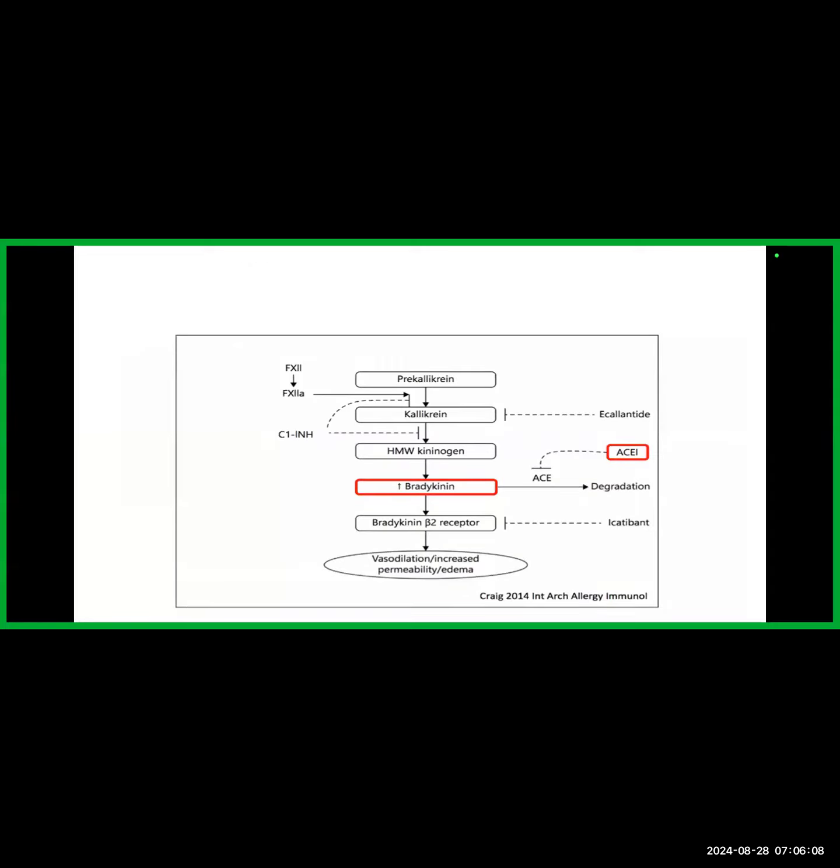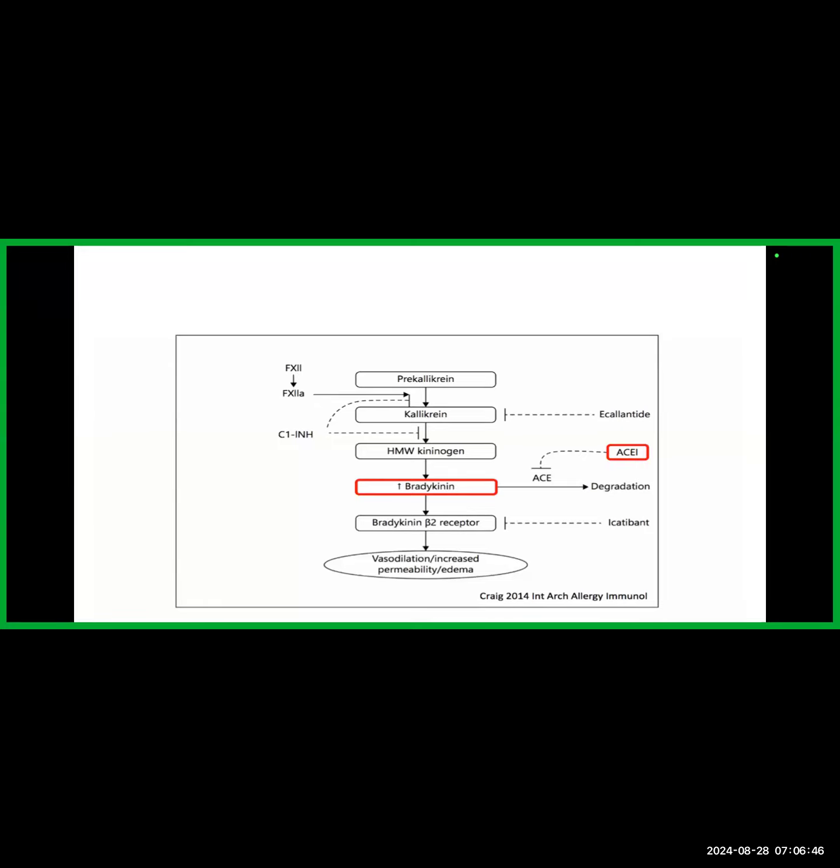So I just wanted to go over this diagram to explain the bradykinin-mediated angioedema. So basically, bradykinin plays an important role in inflammation and is a product of the kallikrein pathway. Kallikrein is important for conversion of factor 10 into factor 10A in the intrinsic pathway, and bradykinin is one of the byproducts of that.